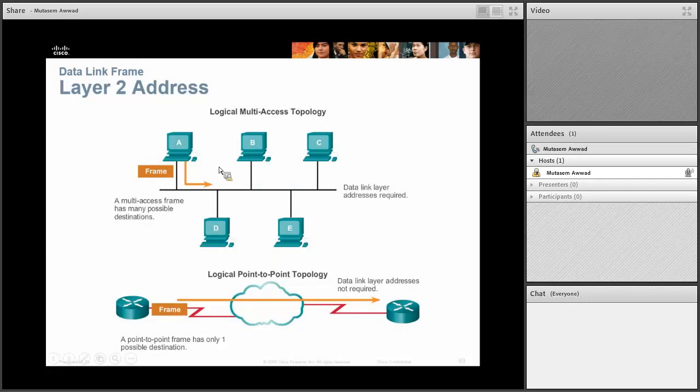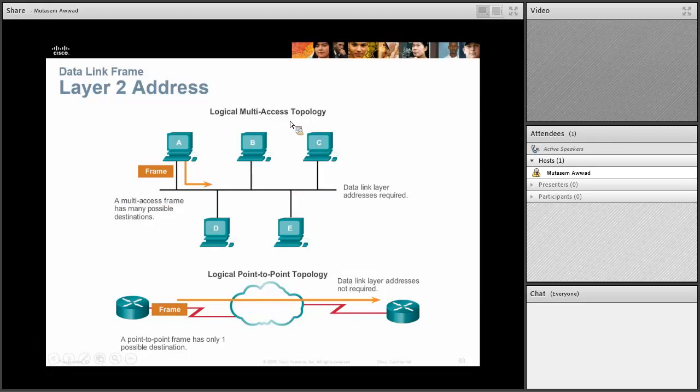All right, then you put the MAC addresses on there. Where do you get your MAC addresses from on the frame? The source MAC address you get from your own interface, and the destination MAC address you get from an ARP request, for example, if you are in a LAN. Okay, so you'll have the destination MAC address, and you broadcast to everybody if you are on a multi-access topology.